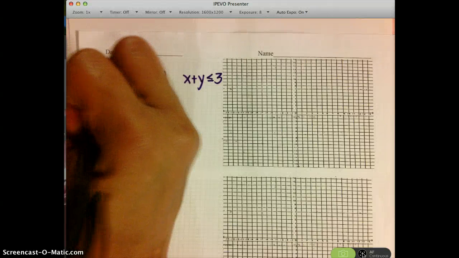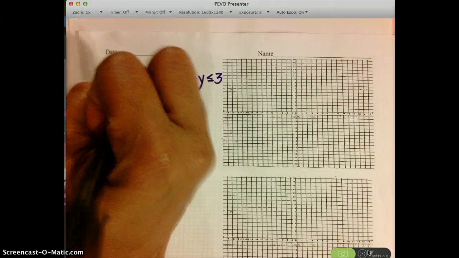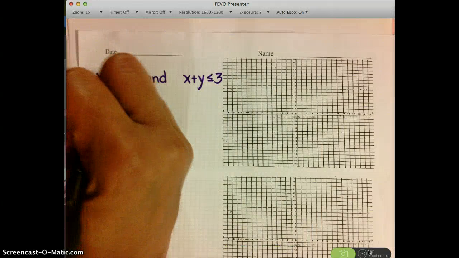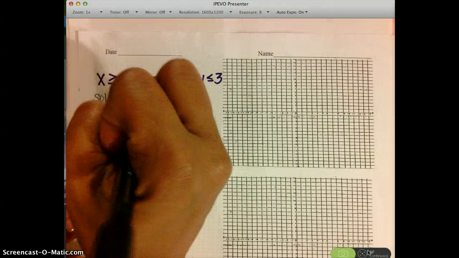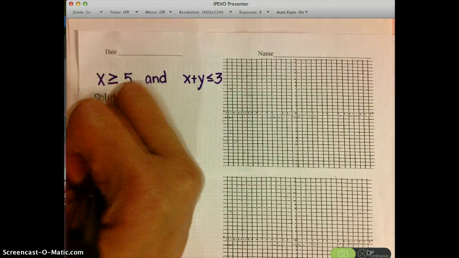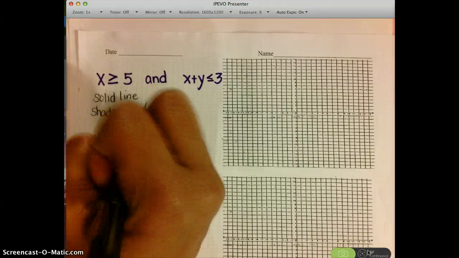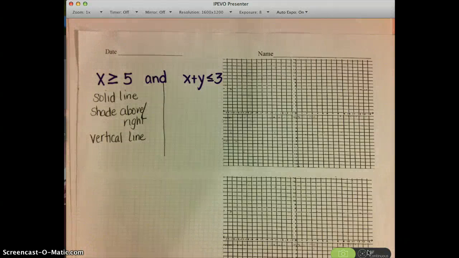So I know I'm going to have a solid line. I'm going to shade above or right. And since there's only an x, this is going to be a vertical line. Okay, when I go to the graph, I'm going to do this one in green. This graph will be green.